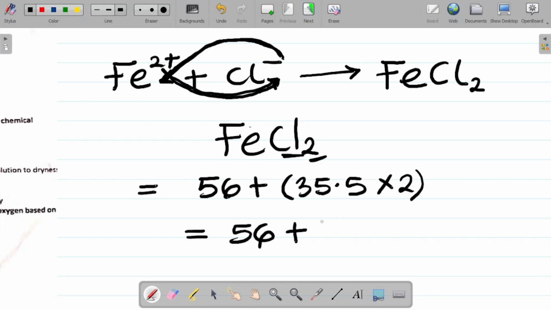If I multiply this, I have my answer as 71. So combine this, 56 plus 71, and your answer is actually 127 gram per mole.